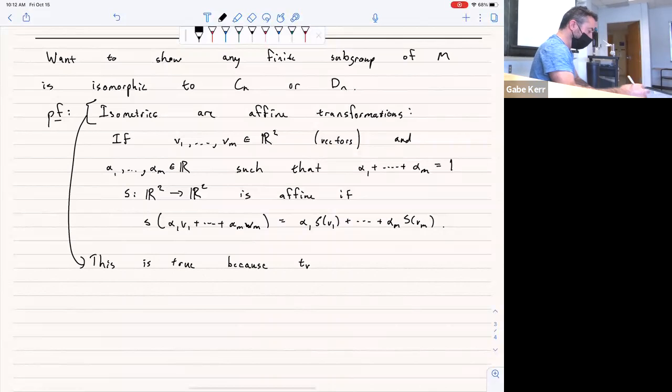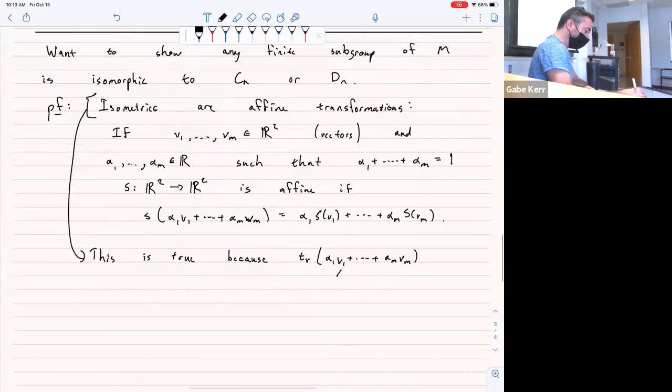Let's say I take the translation of this thing, alpha 1 V1 plus up to alpha M VM. Well, this is equal to alpha 1 V1 plus up to alpha M VM plus V. That's the definition of translation. I just add V.